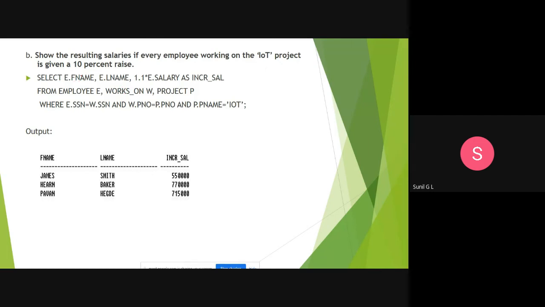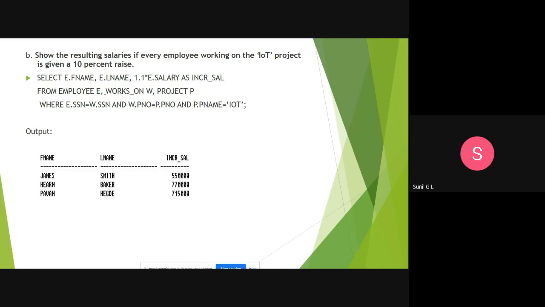Okay, so here you need to find first name of employee, last name of employee, and salary 1.1 star, that is a 10% hike of current salary. That current salary is available in the employee table. 1.1 star salary as increment, we are giving an alias name, that one is increment.